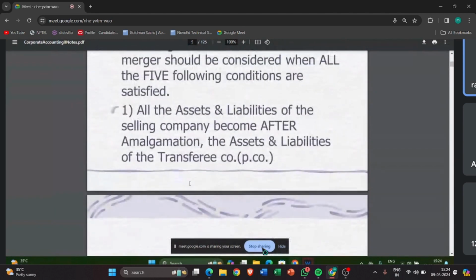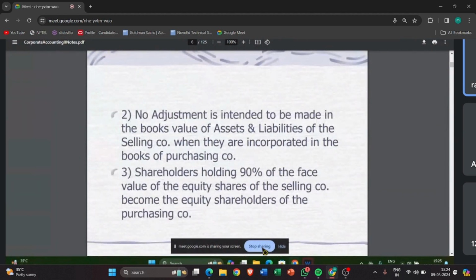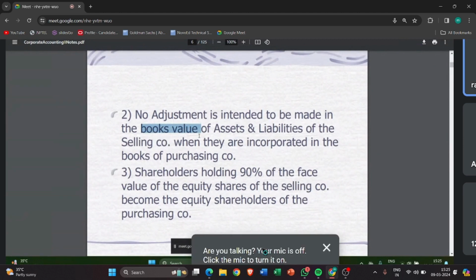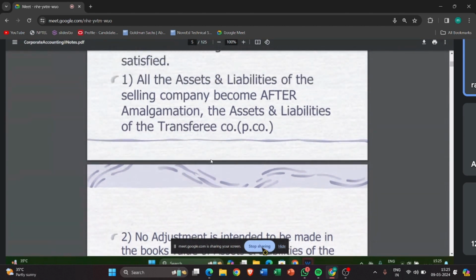So the moment you see in the sum that any assets are not taken over, or the transferee company doesn't take over the loans or the debentures, or if it says assets are taken over at revalued values, new values, then immediately you will say that this is not a merger but it is a purchase itself. Did you get it?